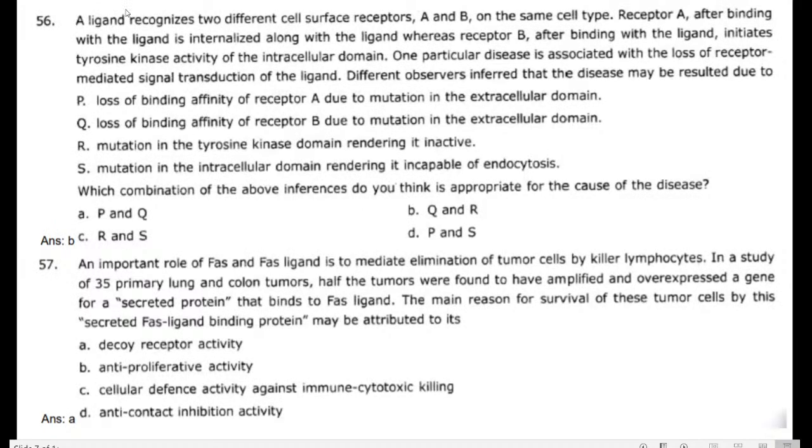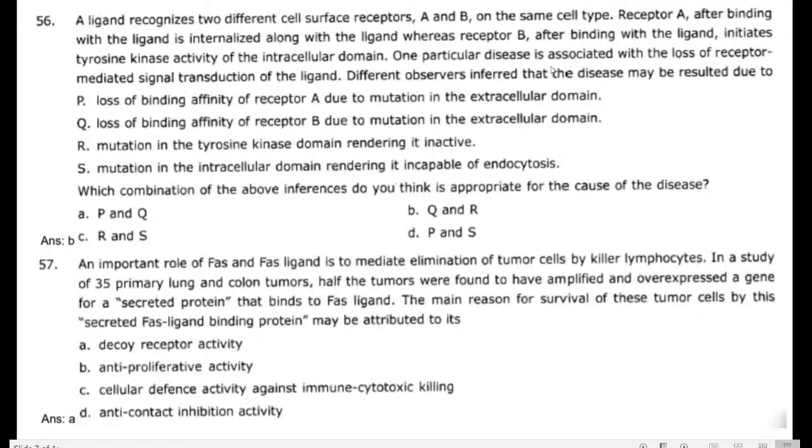Next concept: a ligand recognizes two different cell surface receptors, A and B, on the same cell type. Receptor A, after binding with the ligand, is internalized along with the ligand, and receptor B is also internalized after binding with the ligand, but it has intracellular domain activity.